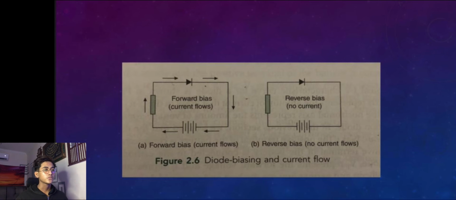Current therefore flows through the diode as shown in figure 2.6a, provided a minimum voltage called the forward breakover voltage is applied.